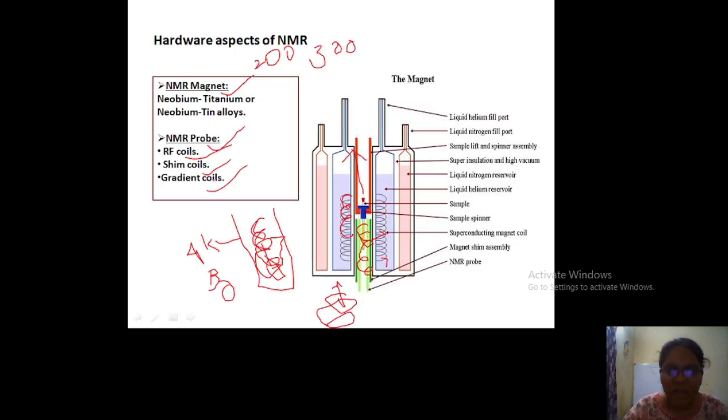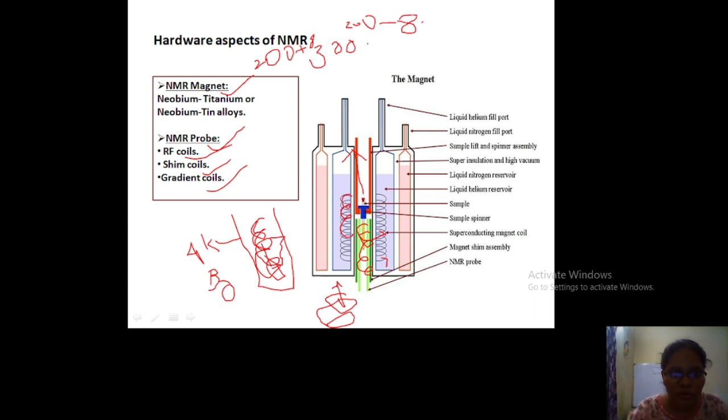With time, this field is not constant; it will be 200 megahertz plus 8 to 10 hertz, or 200 megahertz minus 8 to 10 hertz. This field drift of 8 to 10 hertz is very small compared to 200 megahertz, but it might affect your signals. So this inhomogeneity in the field has to be nullified or reduced.